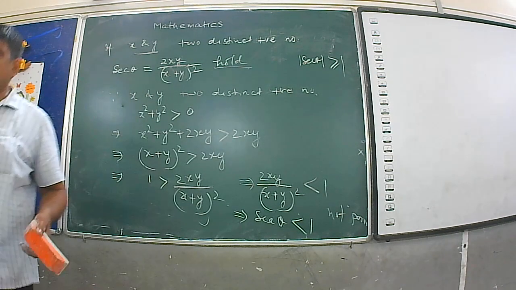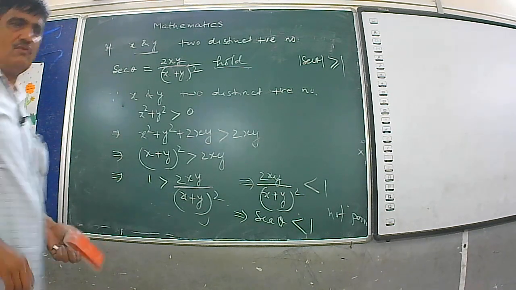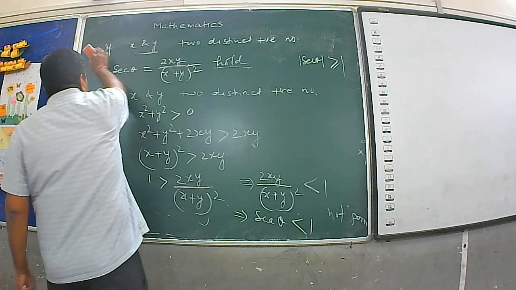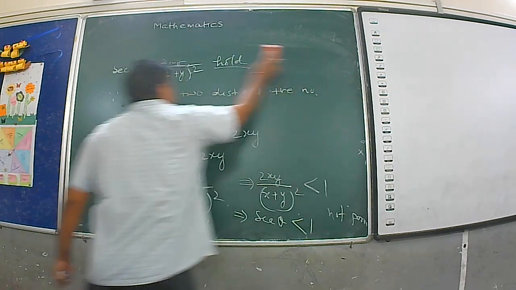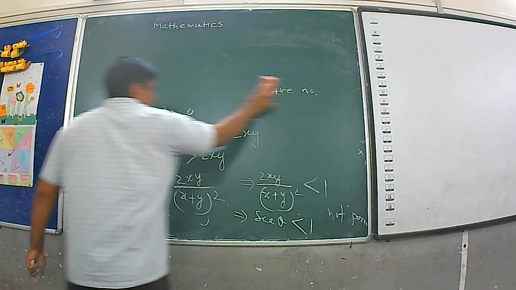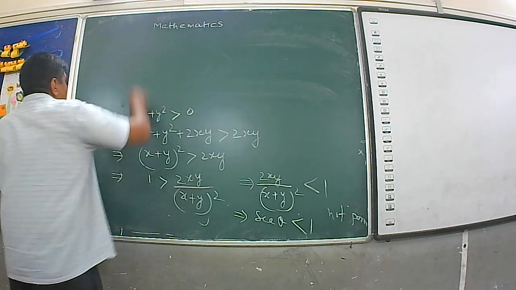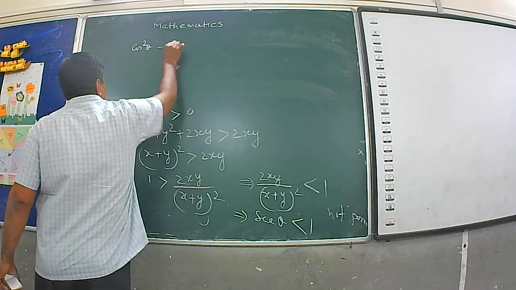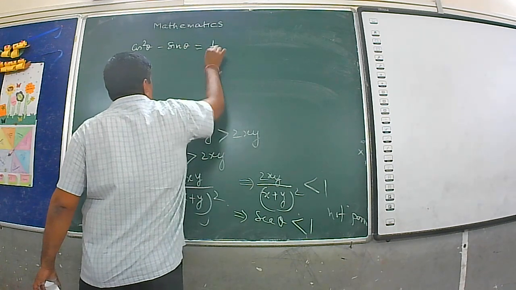Now we take a question from trigonometric ratios. Cos square theta minus sin theta is equal to 1 by 4.